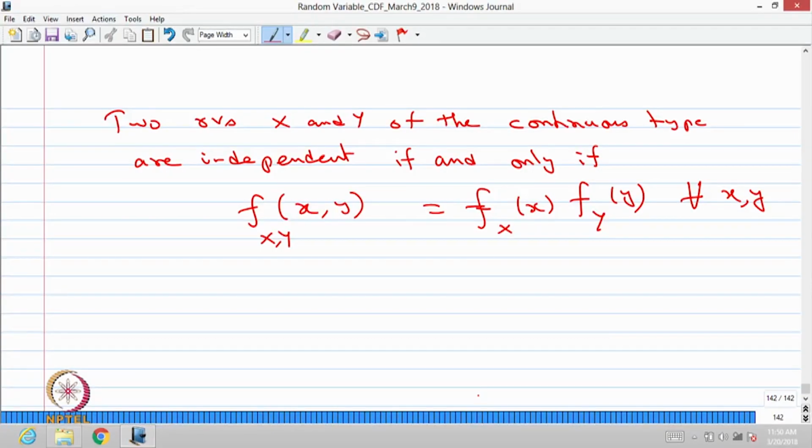So, all three are if and only if conditions, not only one side, but both sides. Even though we have explained this through only two dimensional random variables, this can be extended to multidimensional random variables also.